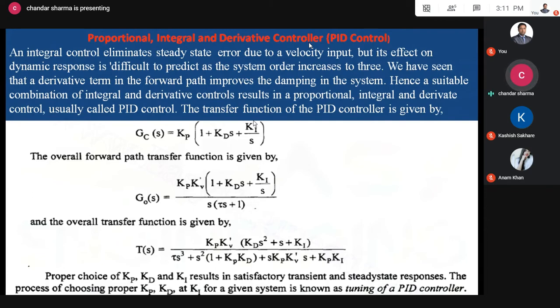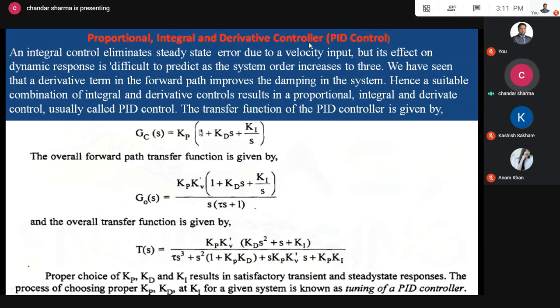We have seen that a derivative term in the forward path improves the damping of the system. Hence, a suitable combination of integral and derivative control results in proportional, integral and derivative control, usually called PID control. The transfer function of the PID control is given by Gc of S is Kp into (1 plus Kd S plus Ki by S).